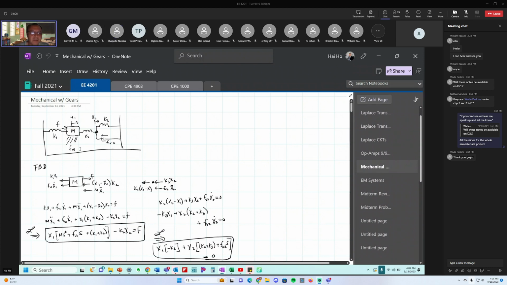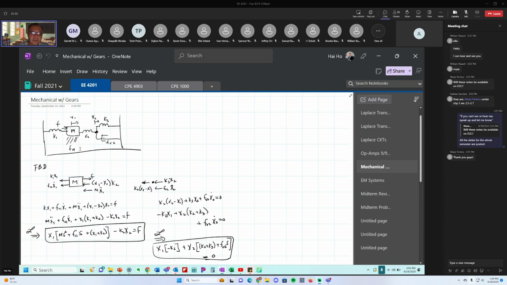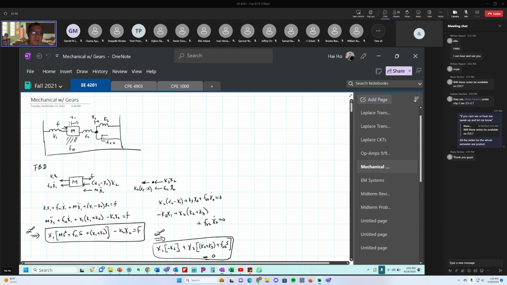Of course, you'll have the same number of free body diagrams as the number of displacement states. So here we define this mass to have one displacement state, let's call it x1. And whenever you have another point that moves asynchronously to an already defined displacement state, then we define this to be the next state variable.